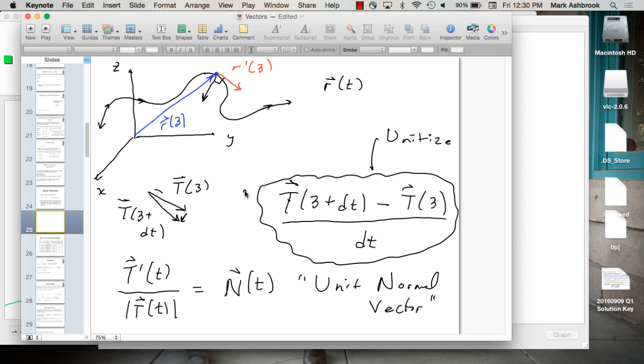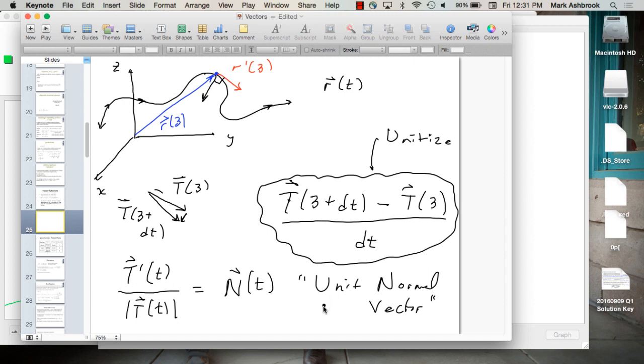So it's part of r prime, not all of it. Does that answer your question? When we really dissect acceleration, I think it'll make more sense.